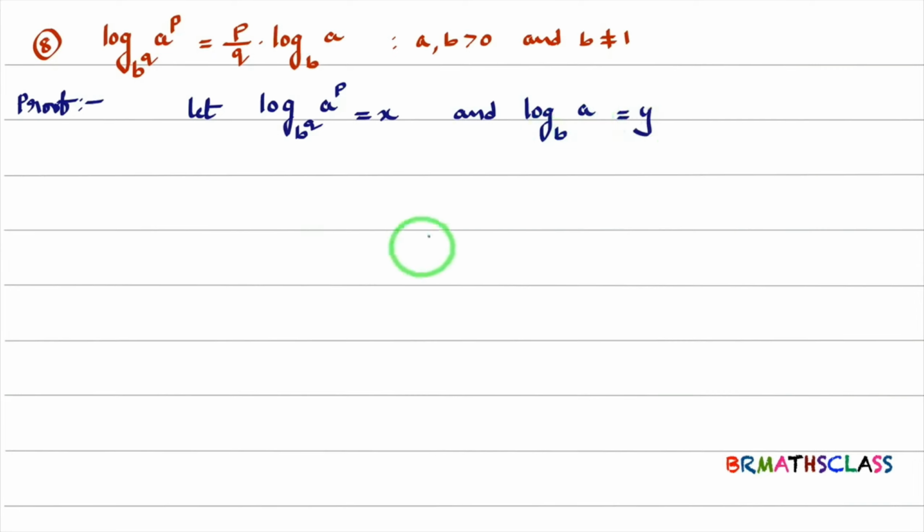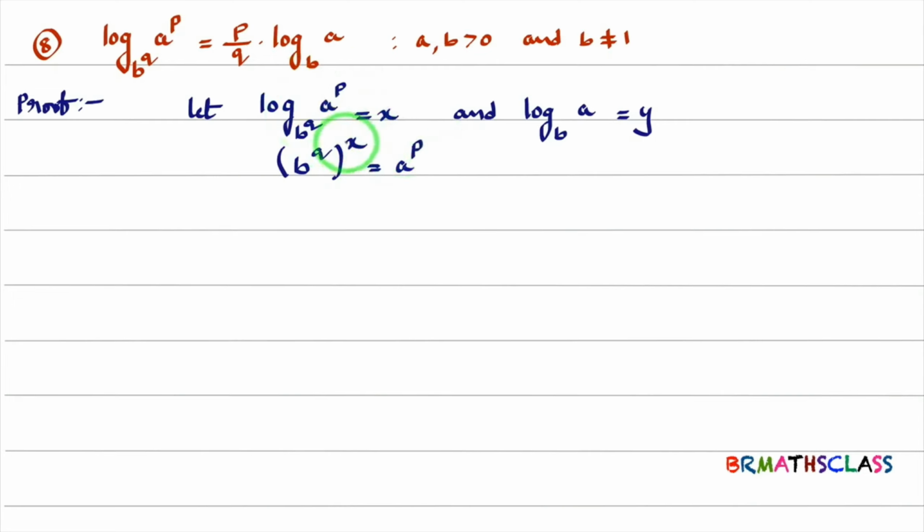So, from the definition of logarithm, what can this be written as? This is base power x. What is the base here? b power q whole power x. Base power x equal to a power p.